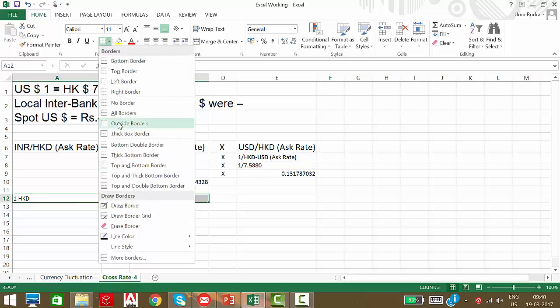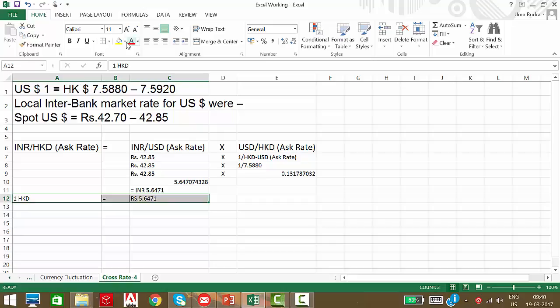So what we have done here is calculate the cross rate. INR per HKD ask rate is 1 HKD equals rupees 5.6471. This is the ask rate because the bank is buying back the Hong Kong dollar.